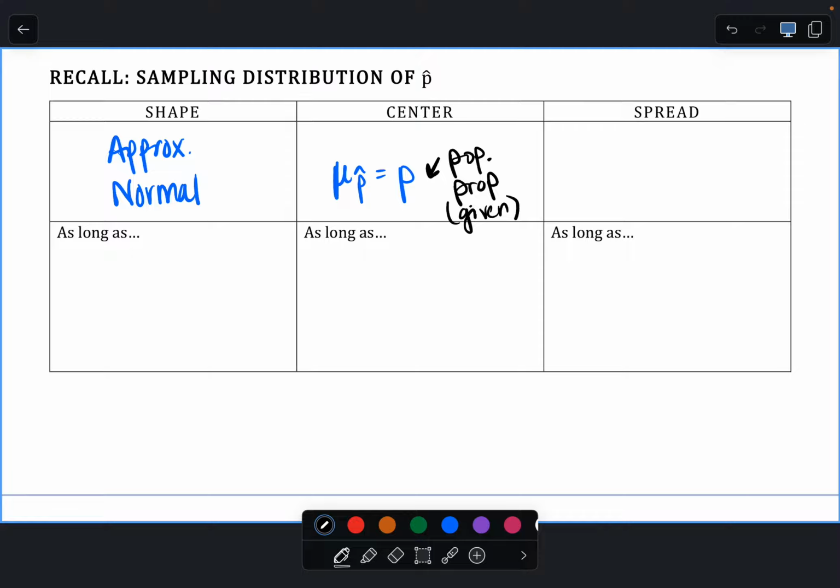They'll tell you, we think that the population is this. We think it's 20% that are going to have brown eyes. And so you use what they tell you. The standard deviation of the sampling distribution is the square root of P times 1 minus P, all over N. The two formulas in the center box and the right box are on your formula chart.